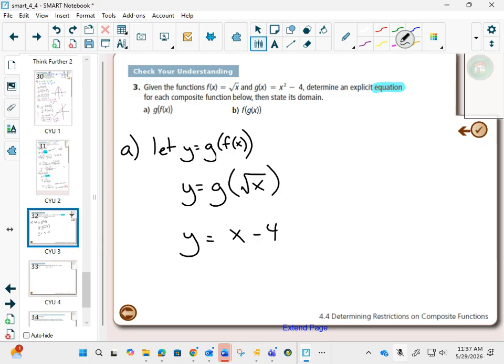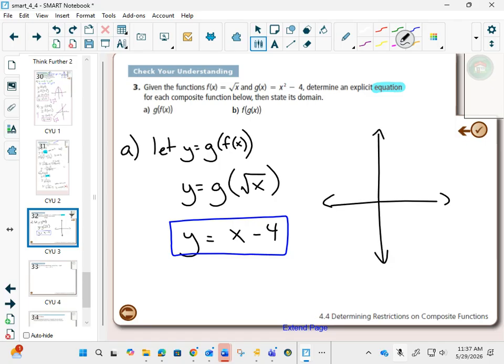This is one of those questions where if you just look at the final answer, I'm going to do two things wrong. This isn't hard to graph. So if this said state the domain and graph, and I did this: x minus 4, that has a y-intercept of minus 4, a slope of 1.